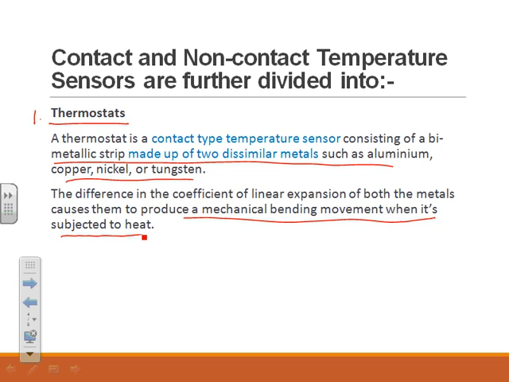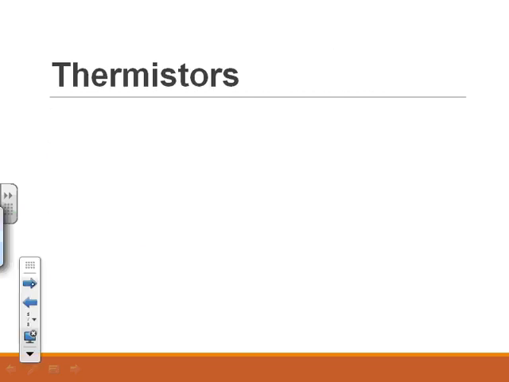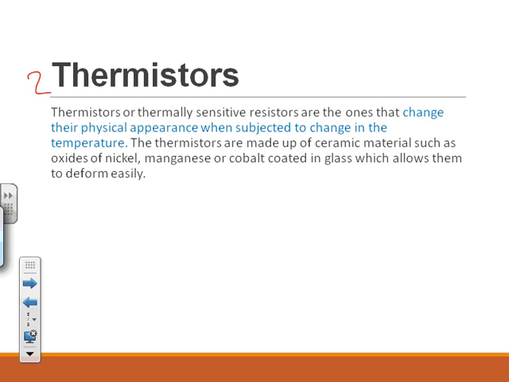The second one is the thermistor, a contact type temperature sensor. A thermistor is a temperature dependent resistor, or thermally sensitive resistor. That means it is a resistor that changes its physical properties when subjected to a change in temperature.